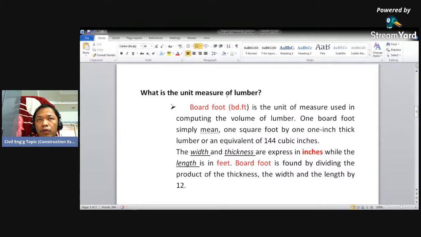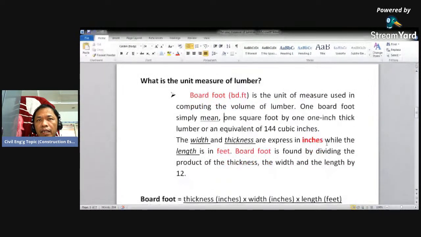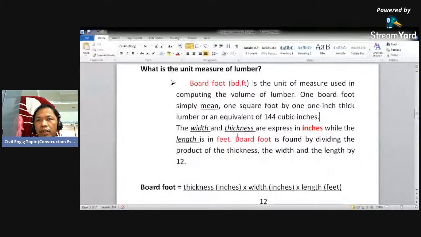But if you use lumber, it is board foot. One board foot simply means 1 square foot by 1 inch thick lumber, or an equivalent of 144 cubic inches. Okay? The width and thickness are expressed in inches, while the length is in feet.